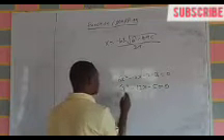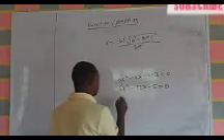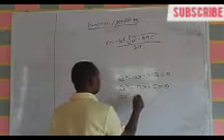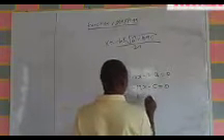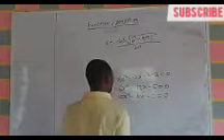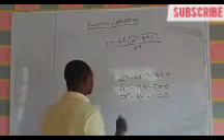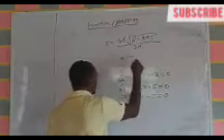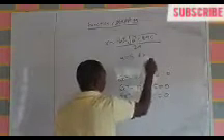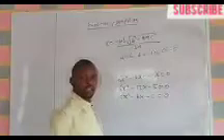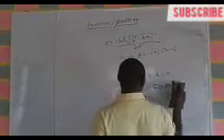This equation is compared to as squared minus bs minus c equals 0. So we compare it. That means A equals 6, B equals minus 12, and C equals minus 5. So let us substitute it and see.